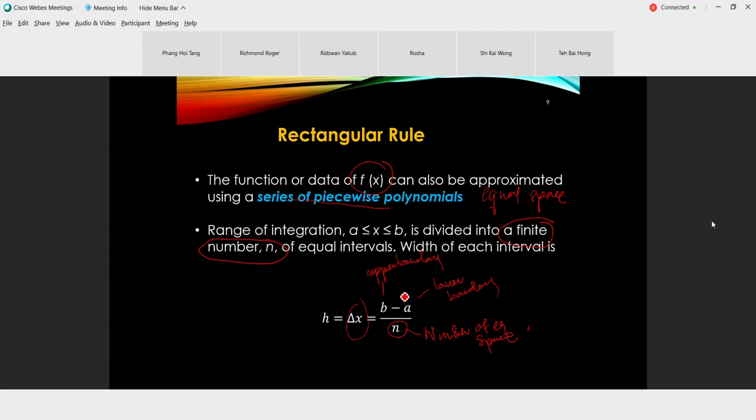So you need to highlight this formula in your textbook or module. Please highlight, everyone. How to divide your finite number of equal segments: b minus a over n.